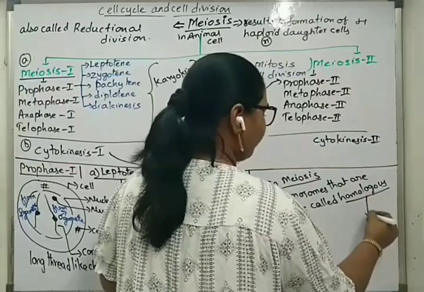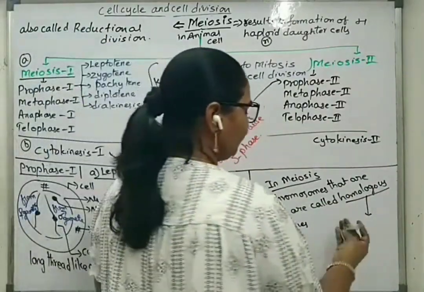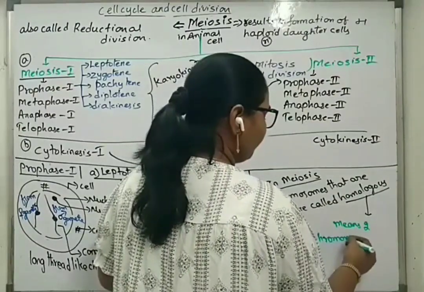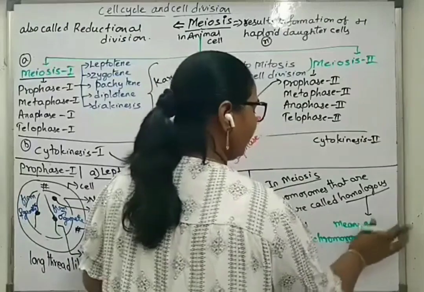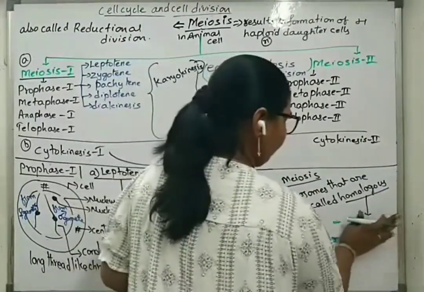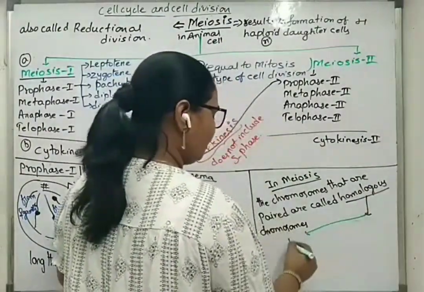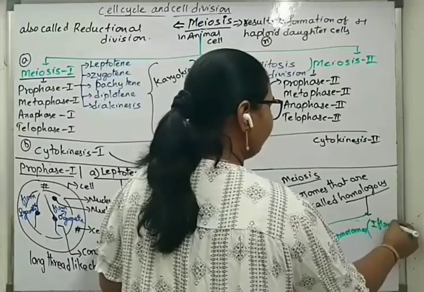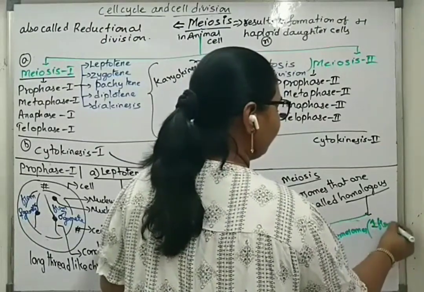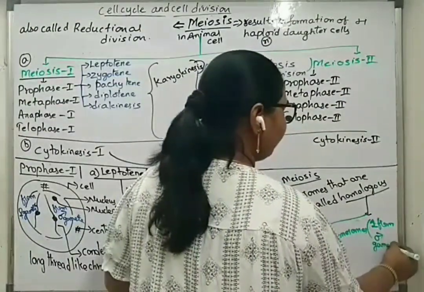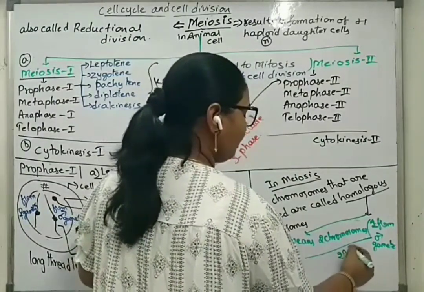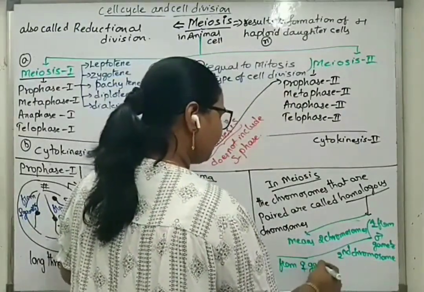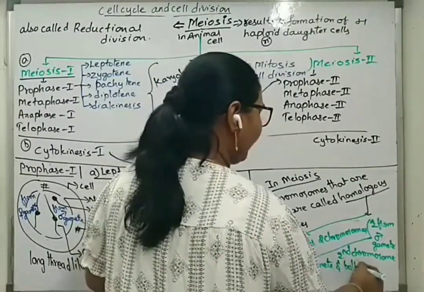What are homologous chromosomes? Homologous chromosomes means two chromosomes, one from male gamete, the second chromosome from female gamete, and both are paired.